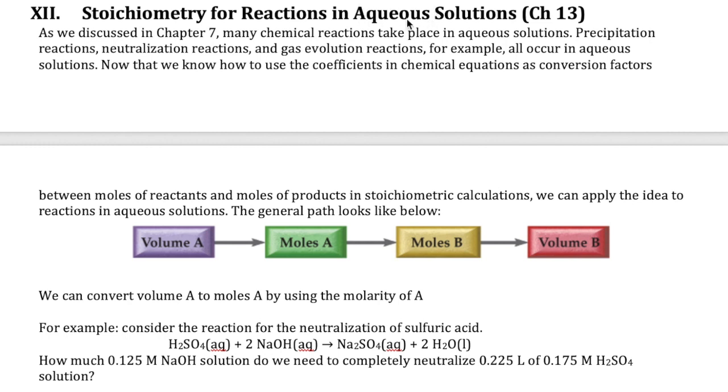Now we're going to talk specifically about aqueous solutions, and the new concept we learned here is molarity. So once we have molarity, or molar concentration, we can also convert from volume to number of moles using the molarity of that species. And that's just based on the definition of molarity, which is number of moles over volume.